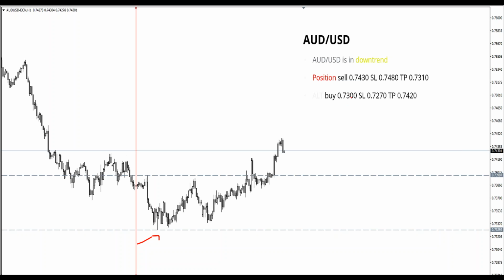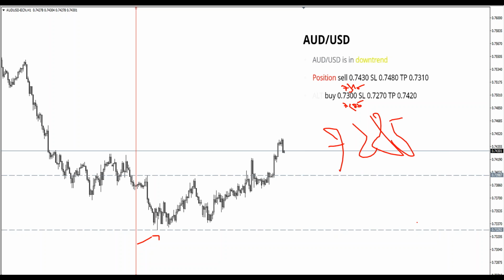The POC zone in this case was around 0.7315, 0.7300, and 0.7285.